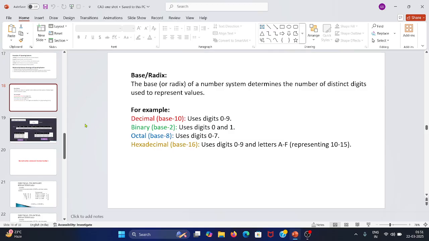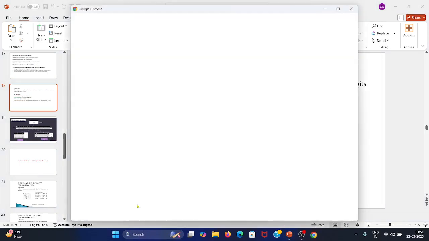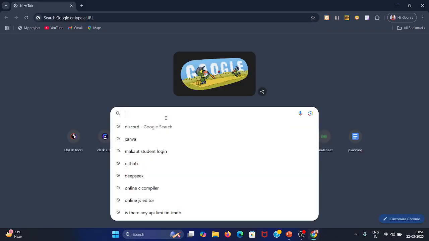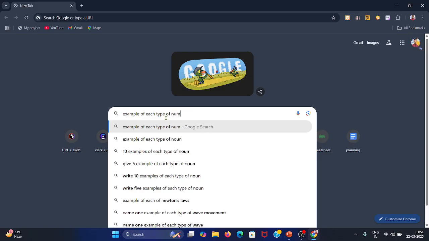So let me give you an example of different types of numbers. Let me go to Google and it will be more clear to you. Let me first go to Chrome and search for an example of each type of number.